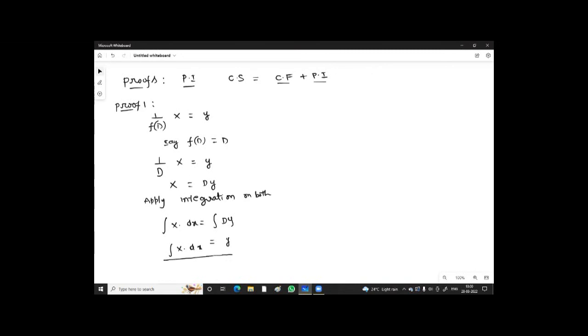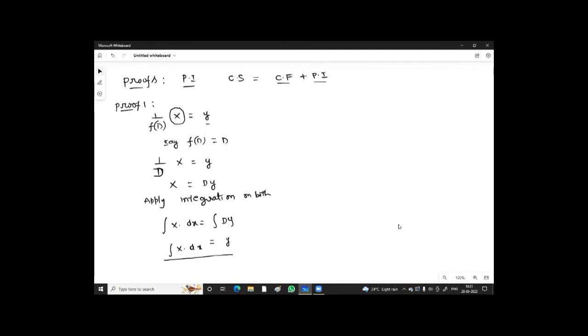What we need to understand from this is that your output y is the integration of your input. But in this case I wrote f of D as simply D, only one time differentiation. In general, f of D is a function of derivatives, so you need to understand some methods to resolve f of D into different forms, so that you can operate on X to get y. So this is proof 1.